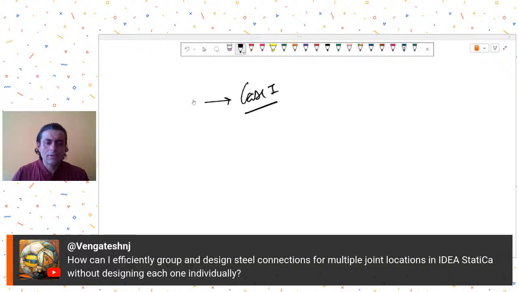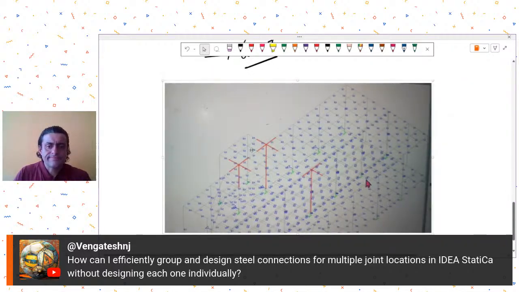I'll just use the same image that you had shared with me. So this is the image that you had shared, and you are asking how to efficiently group and design steel connections for multiple joint locations in Idea Statica without designing each of them individually.